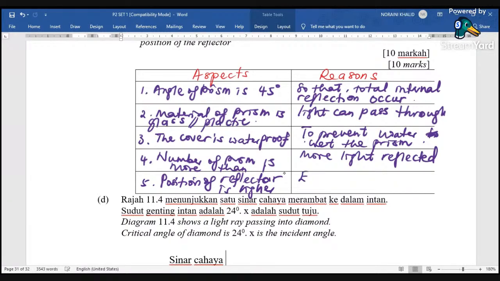It can be easily seen or does not get blocked by obstacles. Okay, so you have 5 aspects given and then you just give the reason.